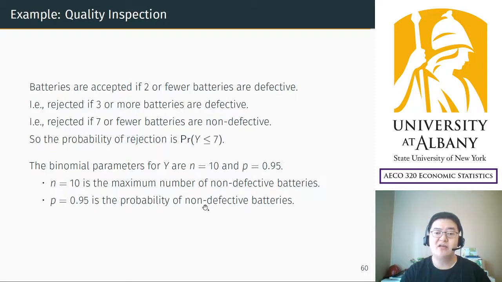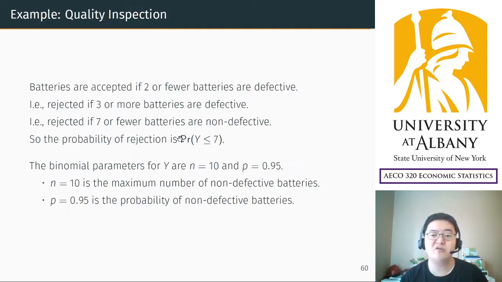Remember, we are counting non-defective batteries, so p has to be the probability of non-defective batteries, right? So 10 and 0.95 are the parameters for the binomial distribution. So we are ready. We found the probability we are looking for, and we found the parameters. These two are the first steps to consider any binomial distribution question.